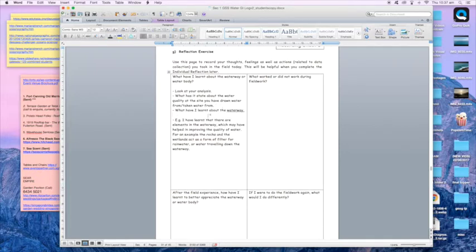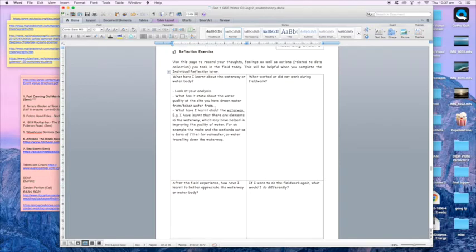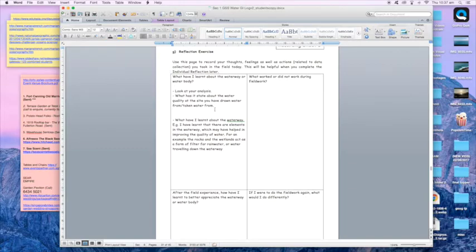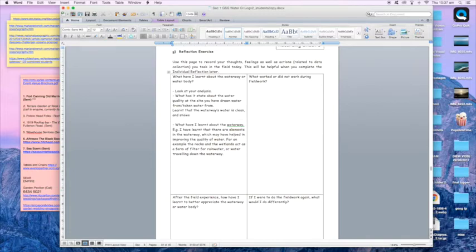So similarly, okay, if let's say you learned from an analysis, you've also learned that the waterway water is clean and shows minimal to no pollution, for example. Alright, so this is your reflection.